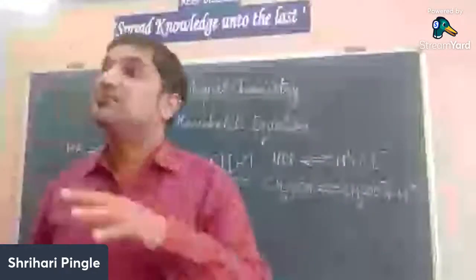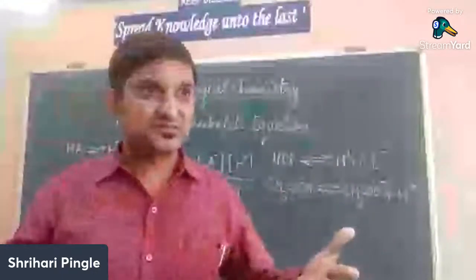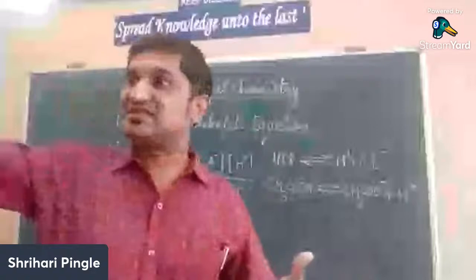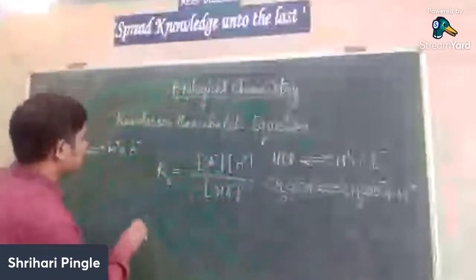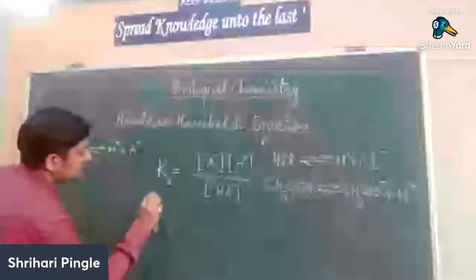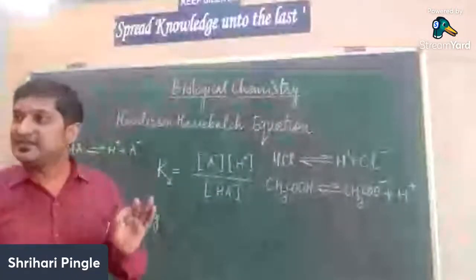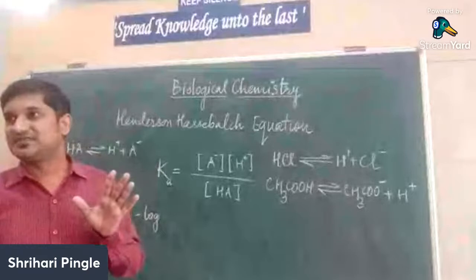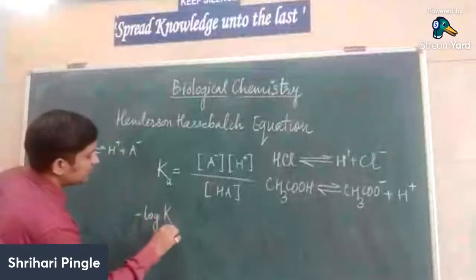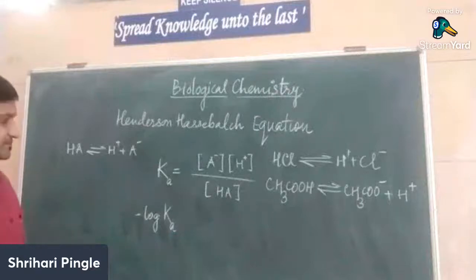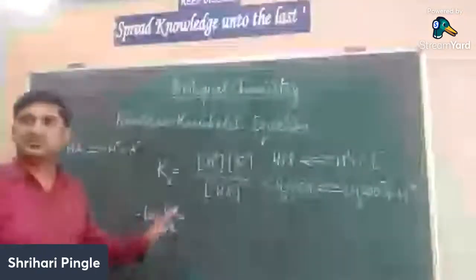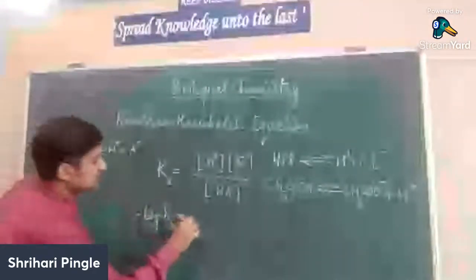So in mathematics, when you have to multiply something in tens, hundreds, thousands, then you use logarithm. So you multiply negative log on both sides, and make it negative log Ka equal to negative log of H plus and A minus, so that it becomes easy for writing in the calculation.